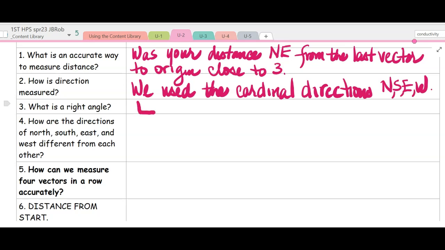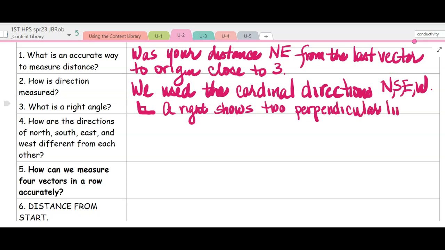We know if it's perpendicular, that's what a right angle is. A right angle shows 2 perpendicular lines. And that's what you were able to do with your meter sticks, by lining them up correctly.